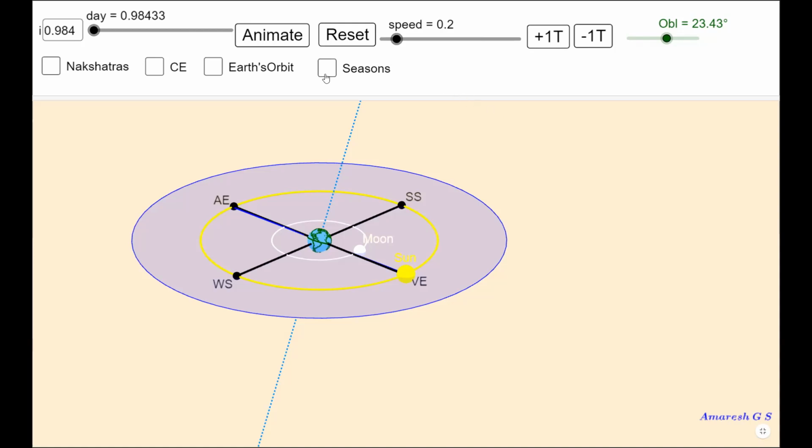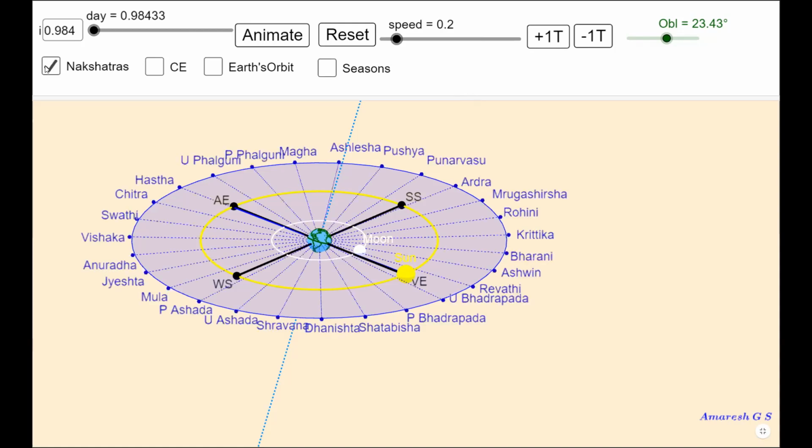I am going to add a couple of things. I am going to add the reference nakshatra system in the background and also the seasons.